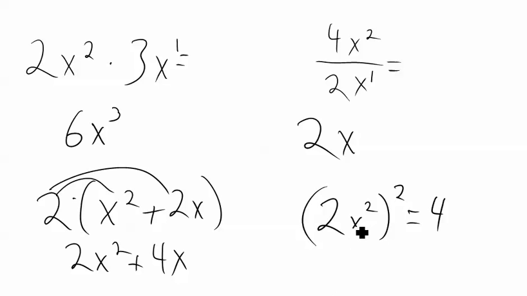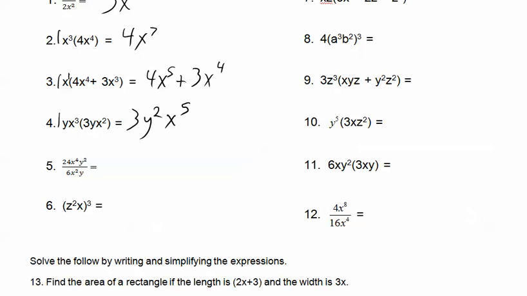And then I'm going to do x to the 2 times 2, so to the 4th. So in this one, we have z squared raised to the third, so it's going to be z to the 2 times 3 is 6. And then this is x to the 1, so it's 1 times 3 is 3.